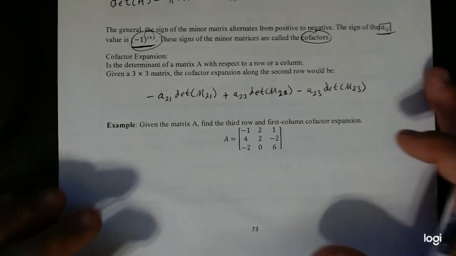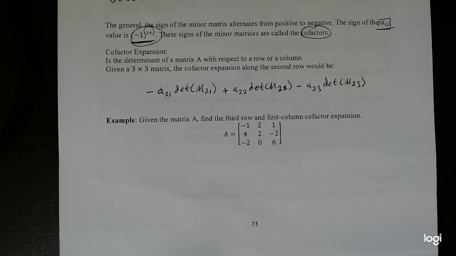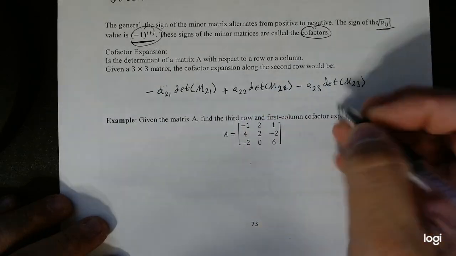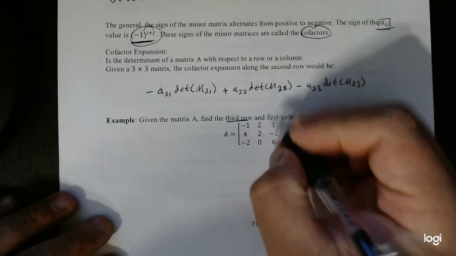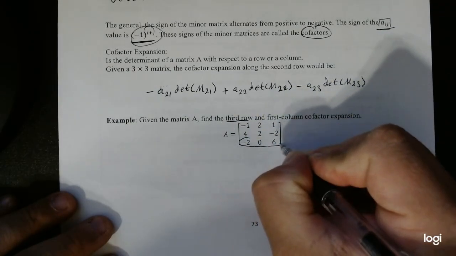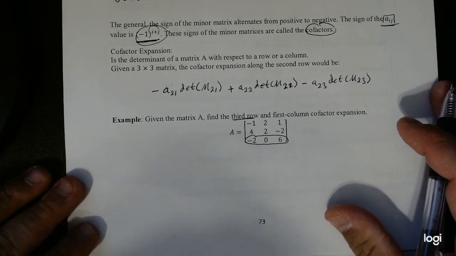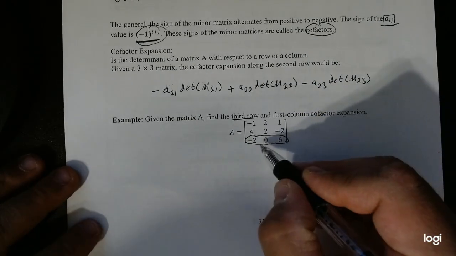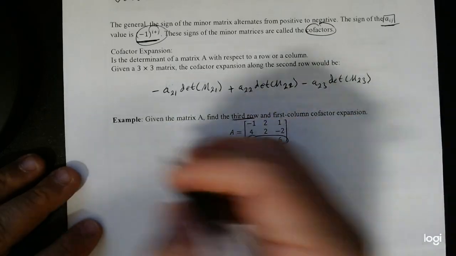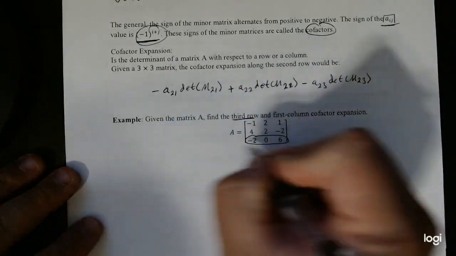So, for example, given the matrix A, find the third row and first column cofactor expansion. All right, so let's go to the third row, which is right here. So I'll do the general one first, and I'll plug in the numbers after that.